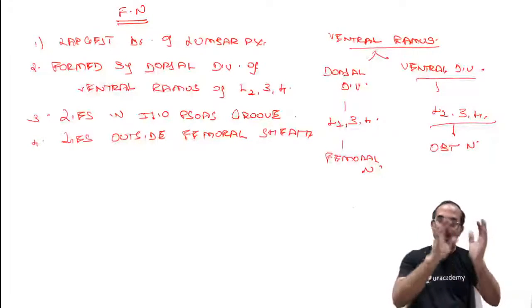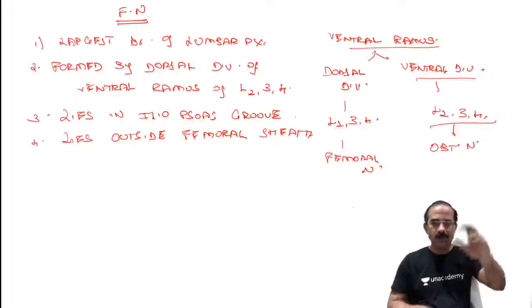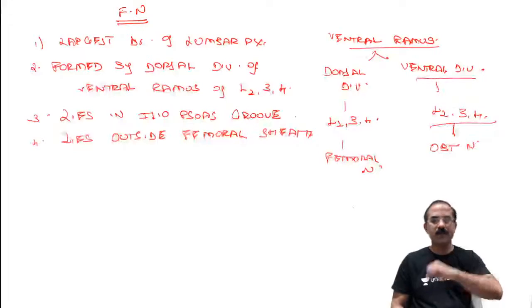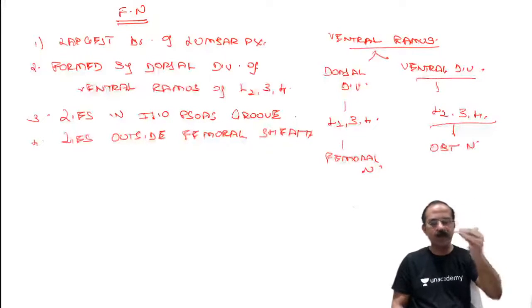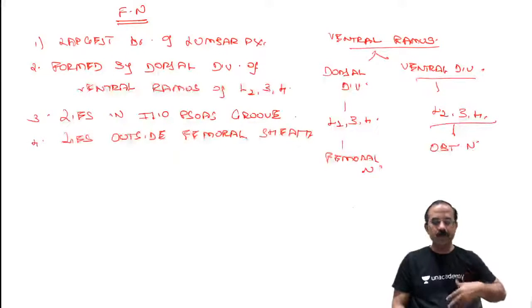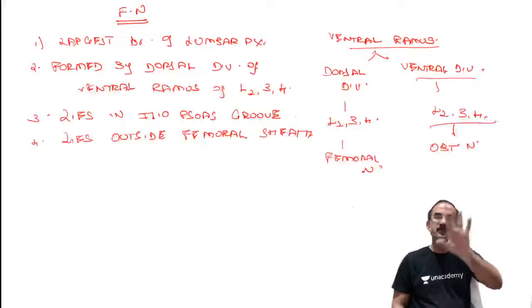It is formed by the dorsal divisions of the ventral rami of L2, L3, L4. This I'll tell you when we are discussing the lumbar plexus. Now, it lies in the iliopsoas groove. It lies outside the femoral sheath.